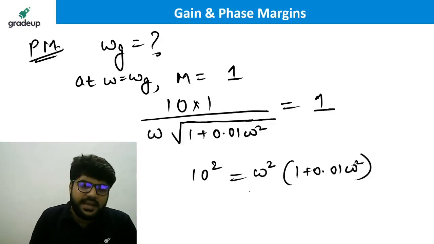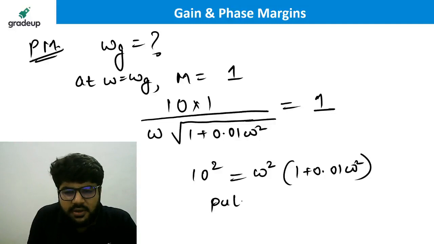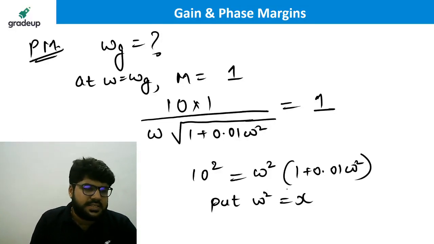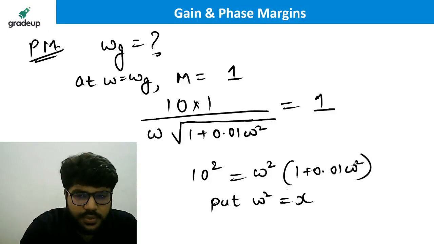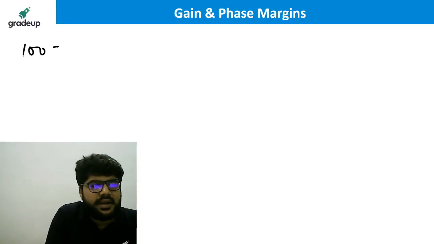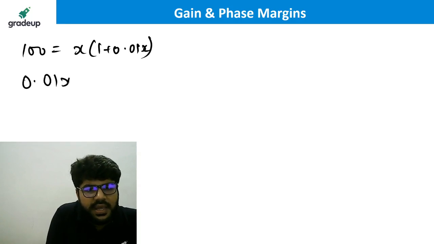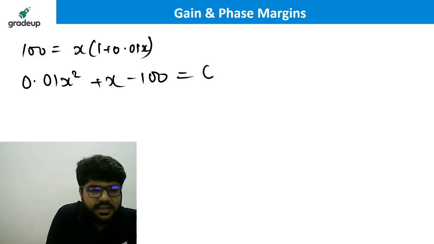As always in the omega g problem, you are getting an omega square term. So, same calculations repeated. Put omega square equal to x. I get 100 equals x(1 plus 0.01 x), or 0.01 x square plus x minus 100 equals 0.